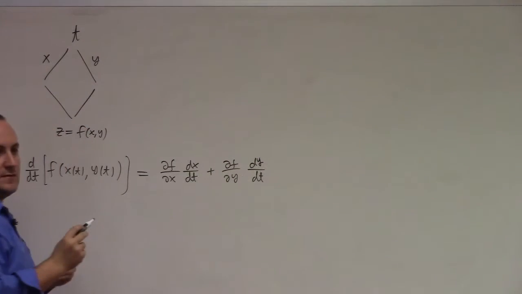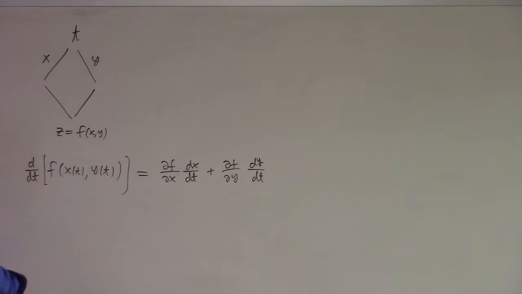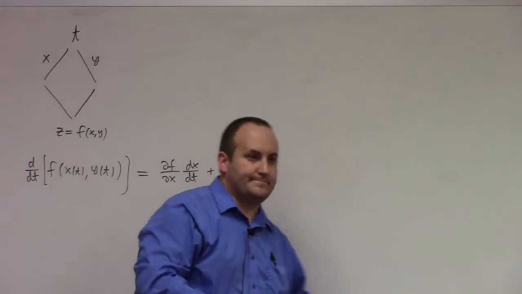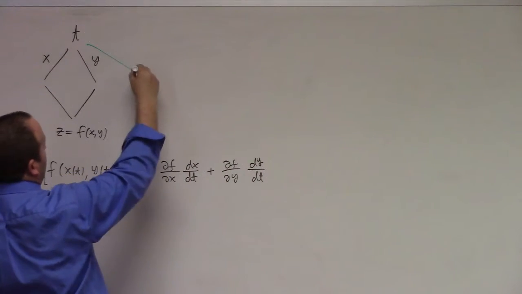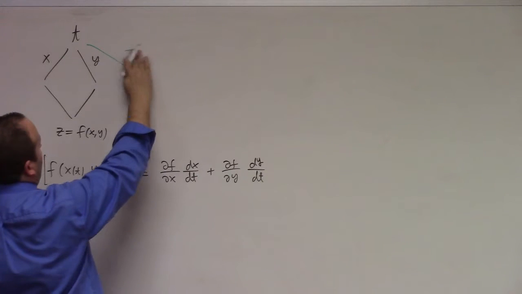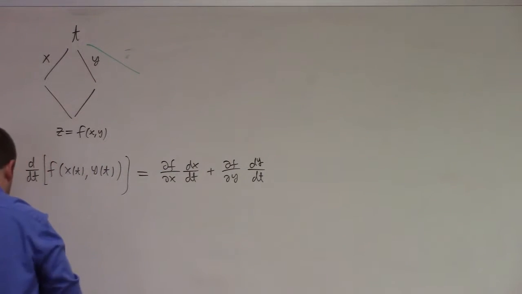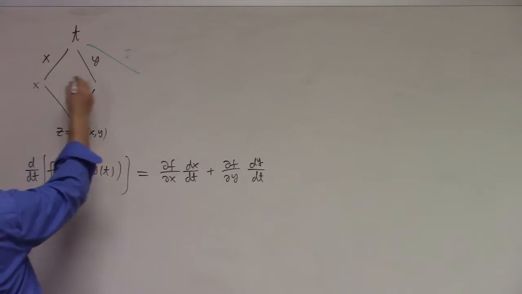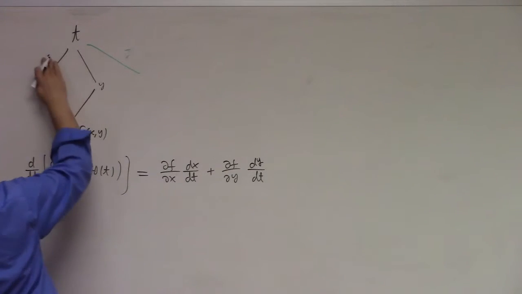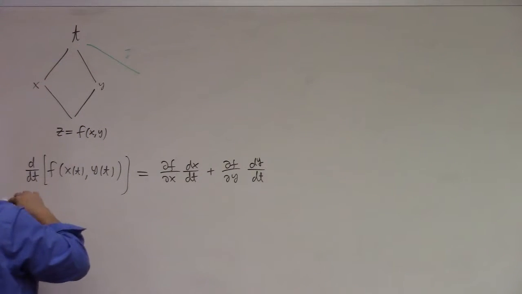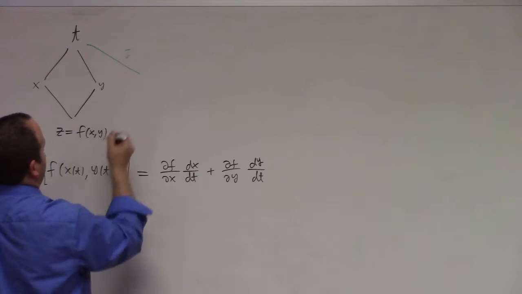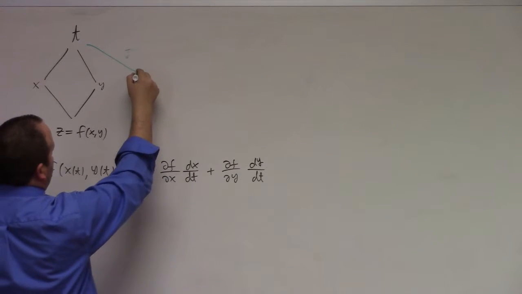Right? What happens if you add another intermediate variable? Well, usually I write, sorry, my picture. I should put the x down here and the y down here. I don't usually use these pictures. I'm going to give them a try this semester, see if you guys like them.